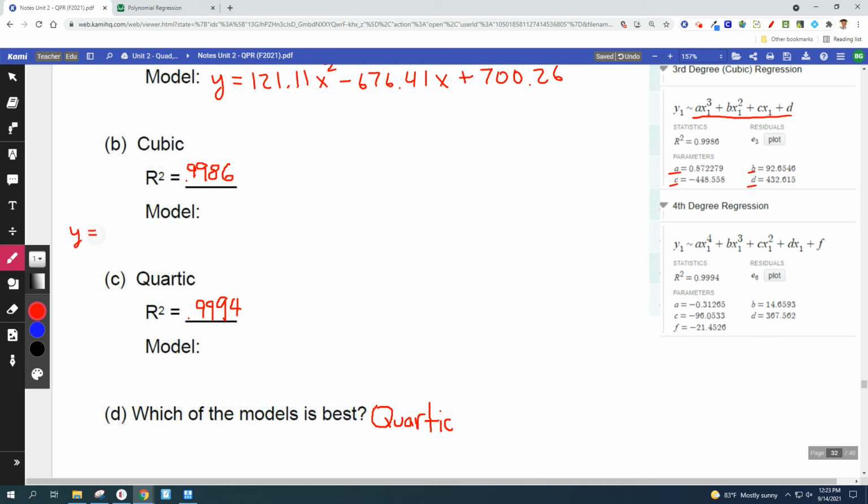So y equals, let's just call it 0.87 x cubed, 92.65 x squared, minus 448.56 x, plus 432.62.